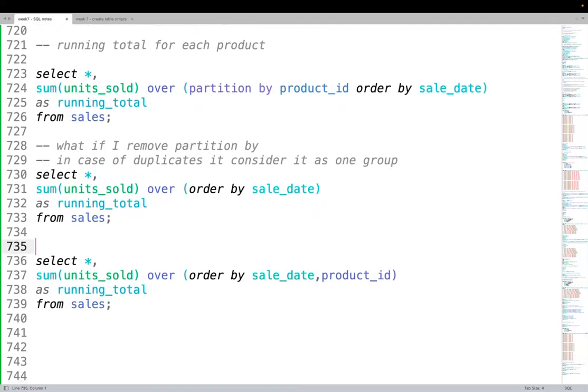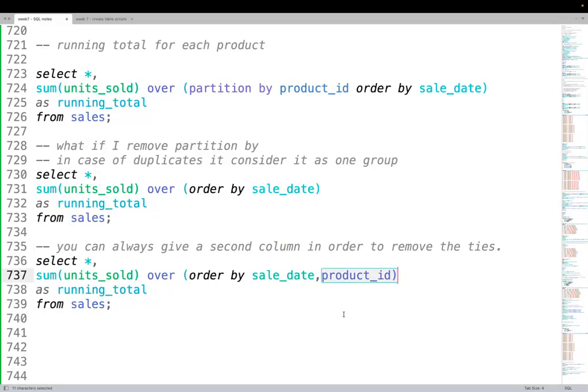So you can always give a second column in order to remove the ties. Ties means duplicates. Whenever there are duplicates and ties, you can give a second column so that you do not get that behavior. Might be that's the expected behavior for you. It depends on your business requirement, actually. Okay, fine.